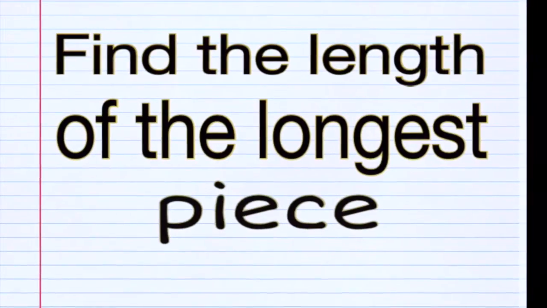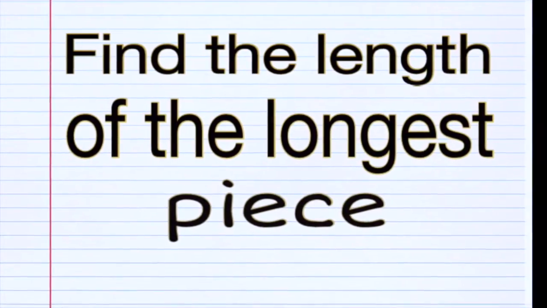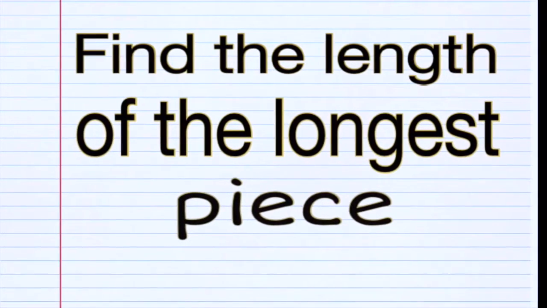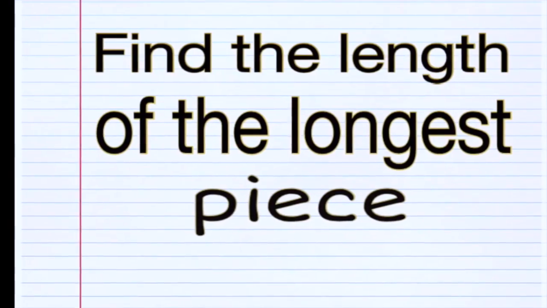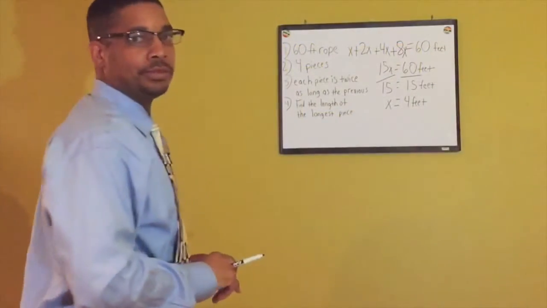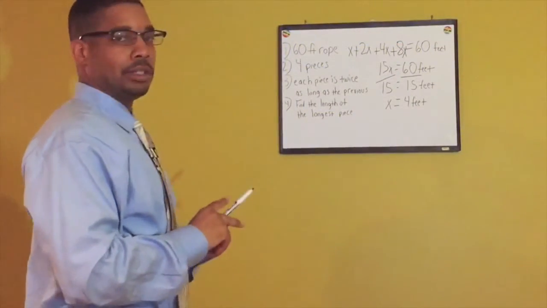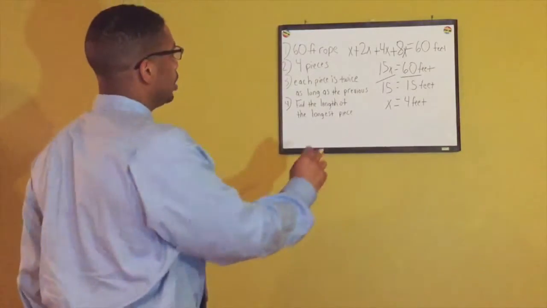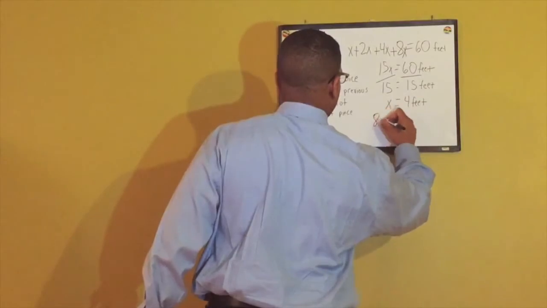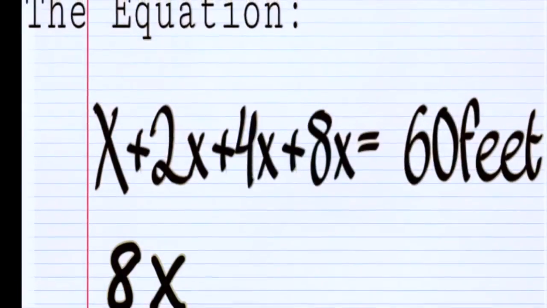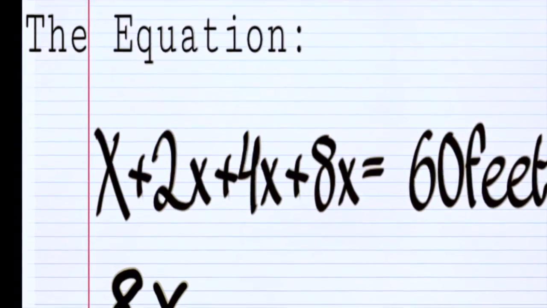Detail number 4. Find the length of the longest piece. A lot of us will stop right here. But is that the length of the longest piece? 4 feet is not the length of the longest piece. Well, in order to find the length of the longest piece, we're going to put the 4 into the 8x part of the problem. So now 8x becomes 8 times 4.